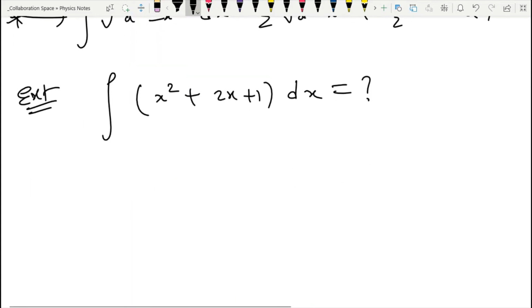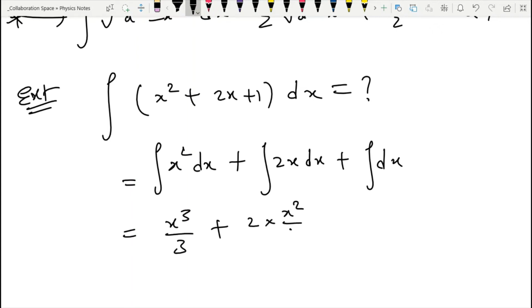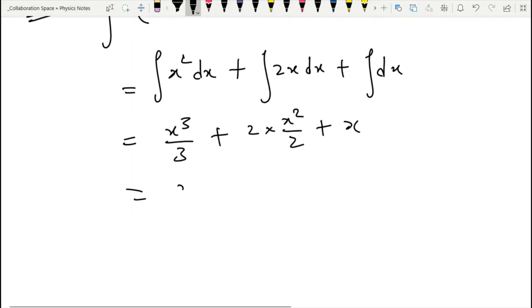Is it 2x plus 2, sir? No, you have to integrate each and every term. So you have to take that integration inside. Integration of x square dx, integration of 2x dx, plus integration of dx. Integration of x square is x cube by 3, integration of x is x square by 2, integration of dx is x. So if you simplify, you get x cube by 3 plus x square plus x.